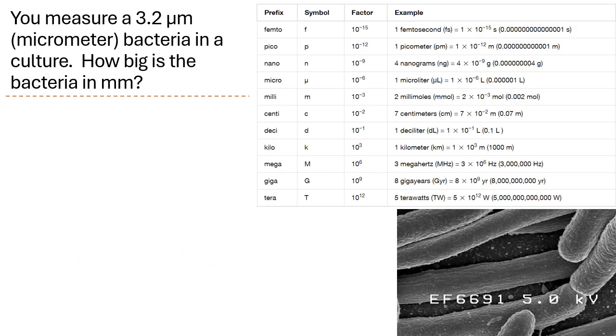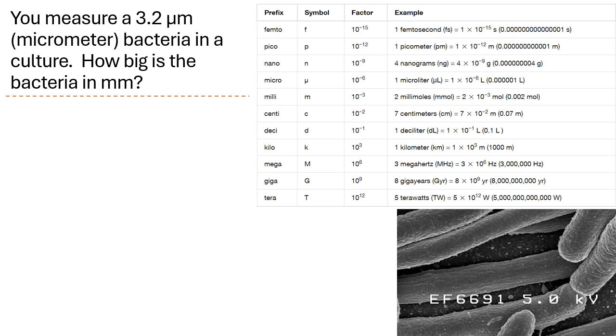Here on this slide, we have our next SI unit conversion problem that we are going to approach using dimensional analysis. The question reads, you measure a 3.2 micrometer. The little symbol there for micro is the lowercase Greek letter mu.